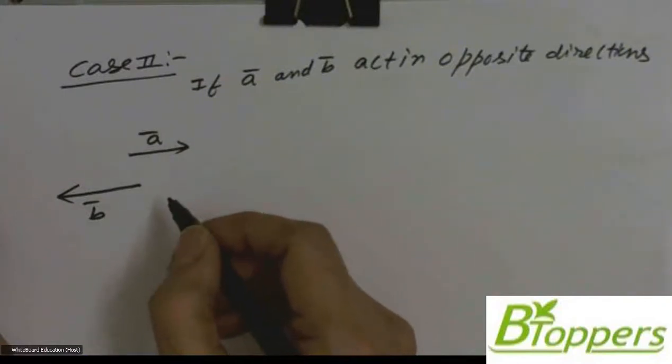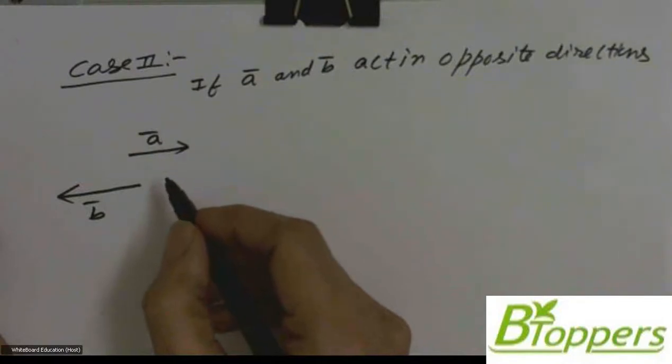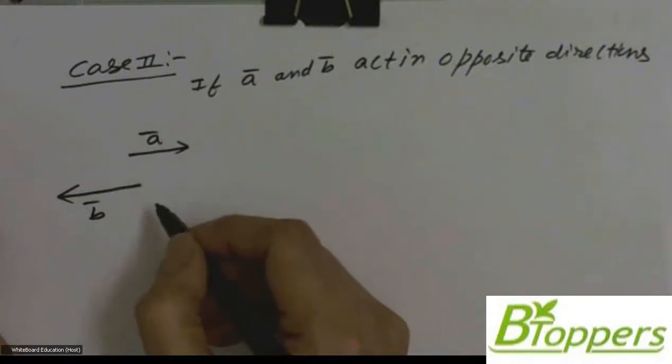Then what can you say about the direction of the vector difference A bar minus B bar? Try to think about the direction of vector difference A bar minus B bar.